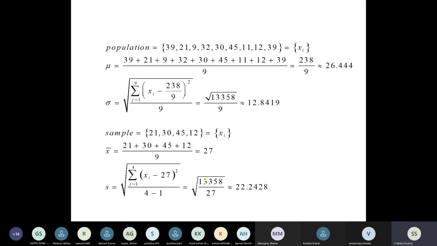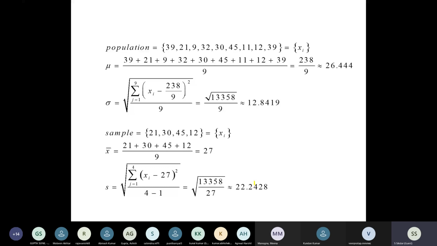Because they are not going to be the same values: the average in that case will be different and their spread is also different. So that is another example.